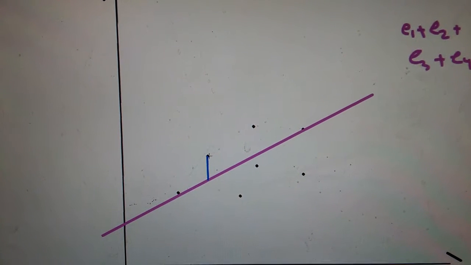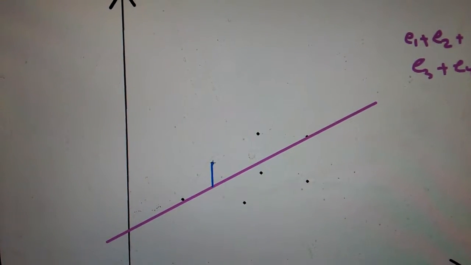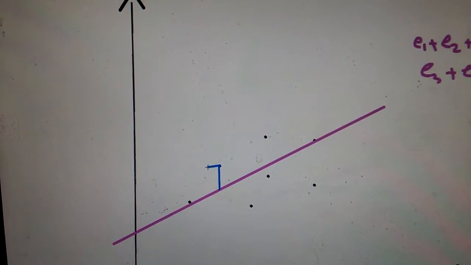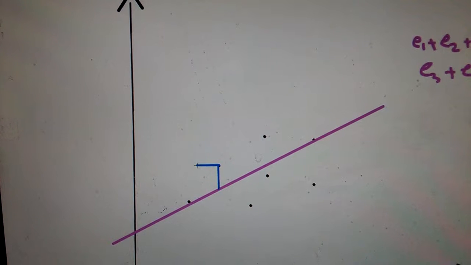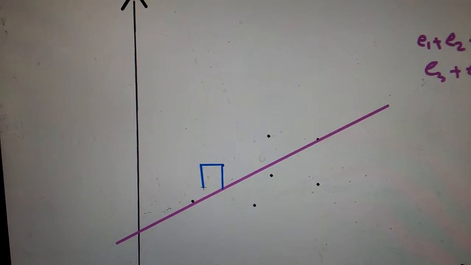You just calculate the length of this line. Let it be, for example, 1 centimeter. So you just draw a square of 1 centimeter, and finish it up. It is also 1 centimeter.